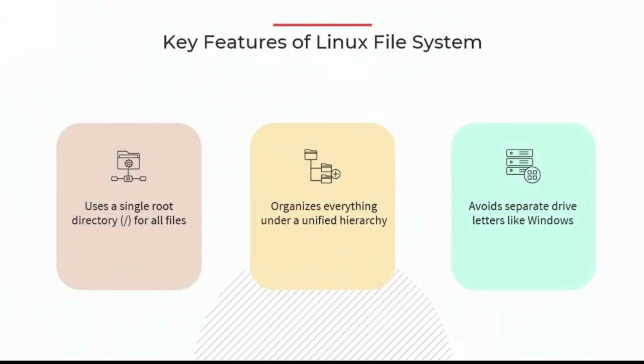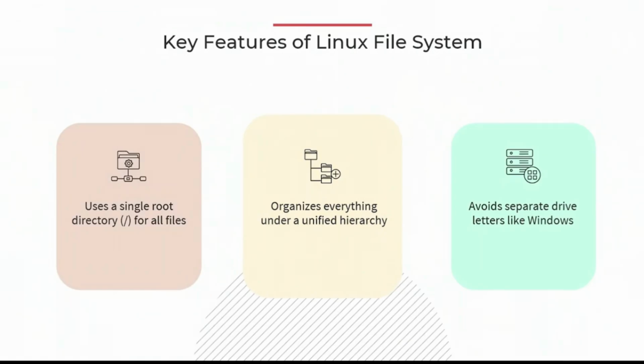What makes Linux file systems different? Linux uses a hierarchical file system, which means everything starts from a single root directory, /, just a forward slash. From there, all files and folders branch out in a tree-like structure. So, whether you're dealing with system files in /etc, user files in /home, or temporary data in /tmp, they all fall under that single root.